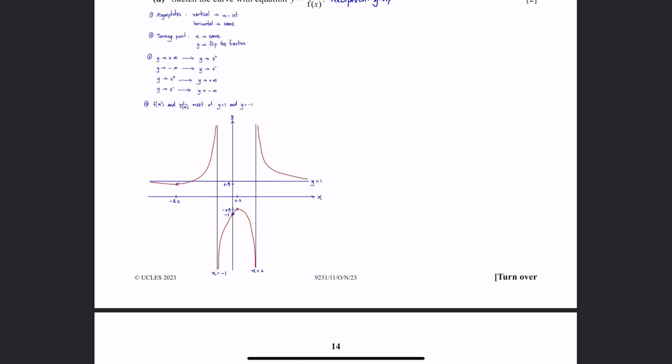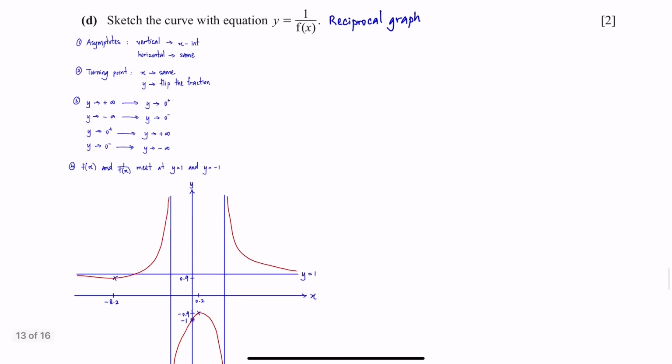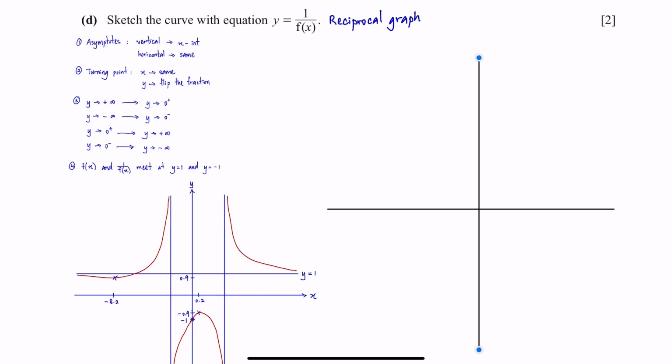Okay. Firstly, asymptotes. As I said, the vertical asymptote will now be the x-intercept of 1 over fx.